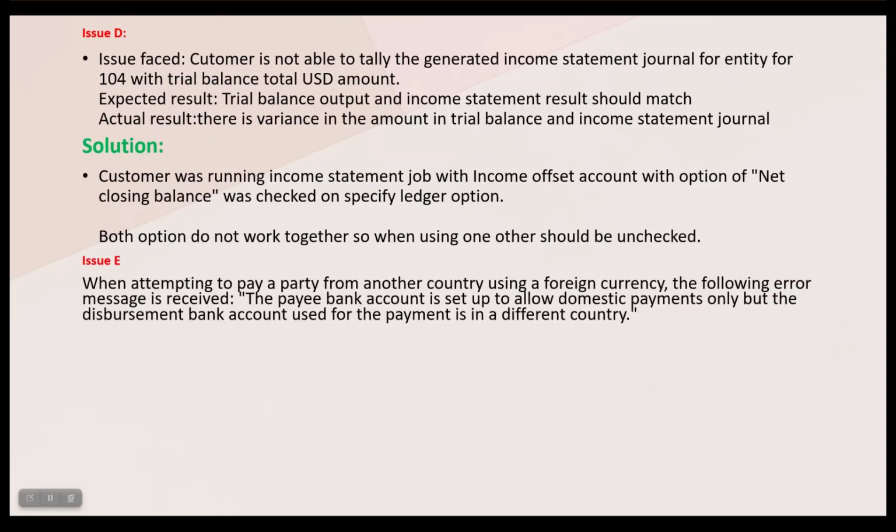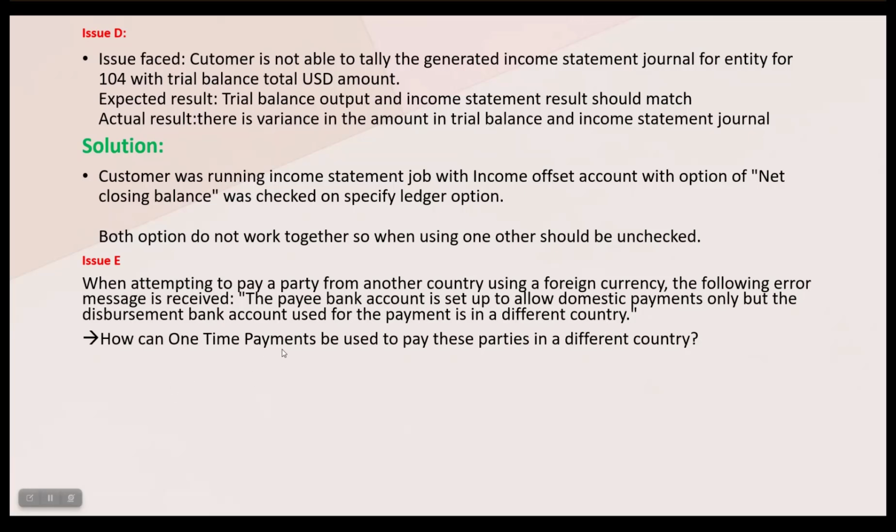When attempting to pay a party from another country using foreign currency, you face issues like these. The payee bank account is set up to allow domestic payment only, but the disbursement bank account used for the payment is in a different country. As you know, during setup of the bank, there is one option to allow domestic payment or to allow foreign currency.